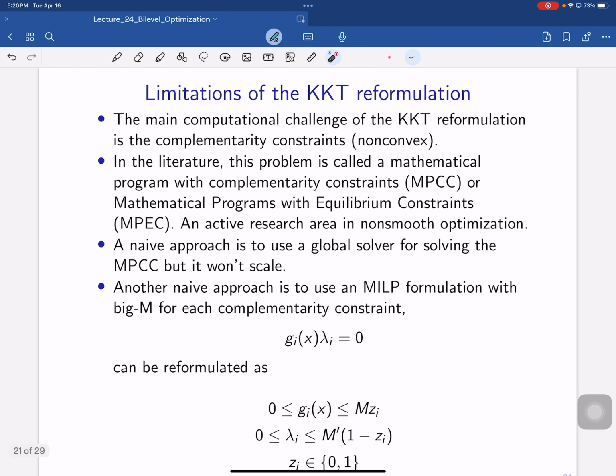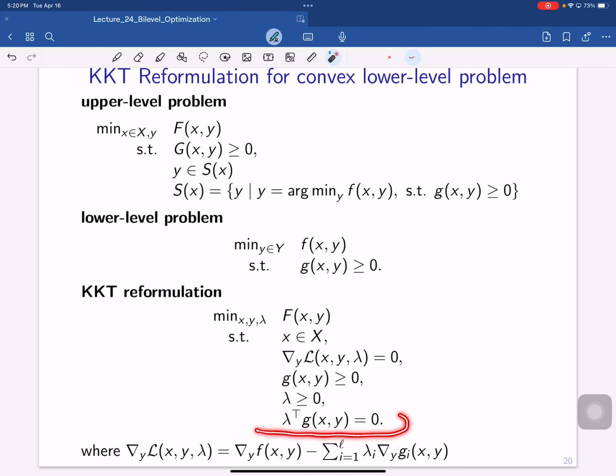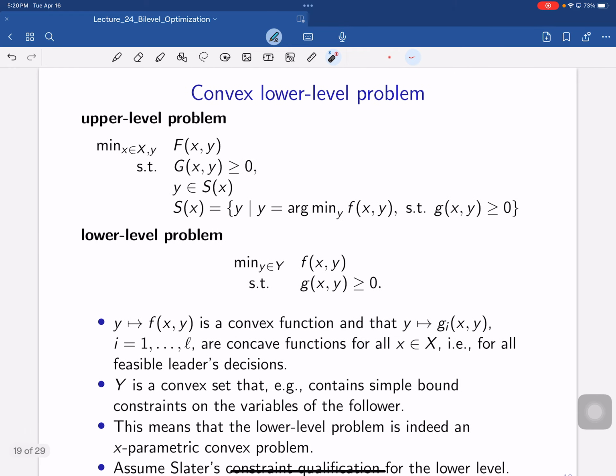So this seems to be nice, but what are the difficulties of KKT reformulation? The main thing is this nasty complementary slackness, right? It creates some bilinear term even for the linear programming problem. Okay, so let's go back a little.